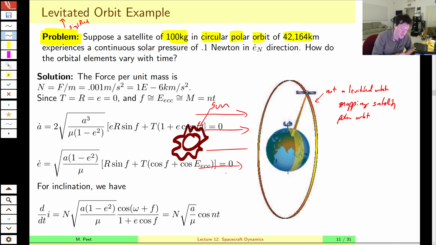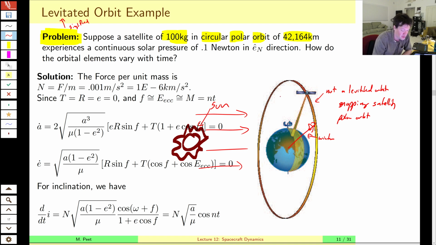It depends on the time of year. This would be the North Pole, something like that, so this would be winter. But in any case, let's assume we're on an Earth with no seasons.